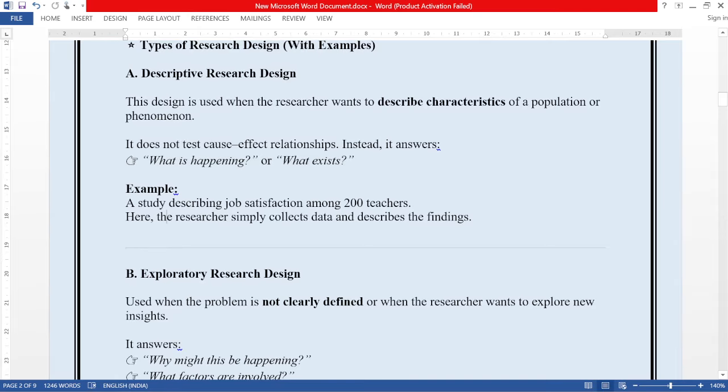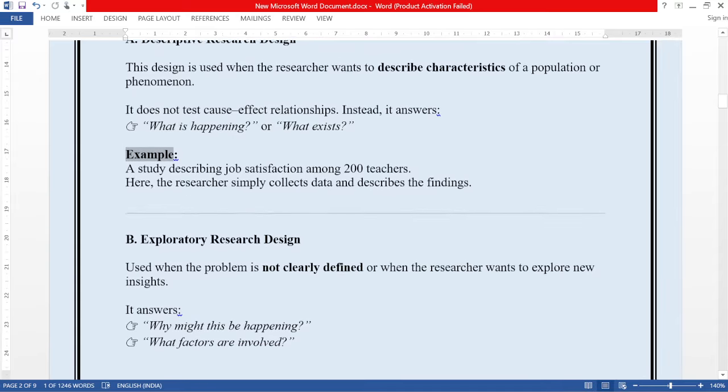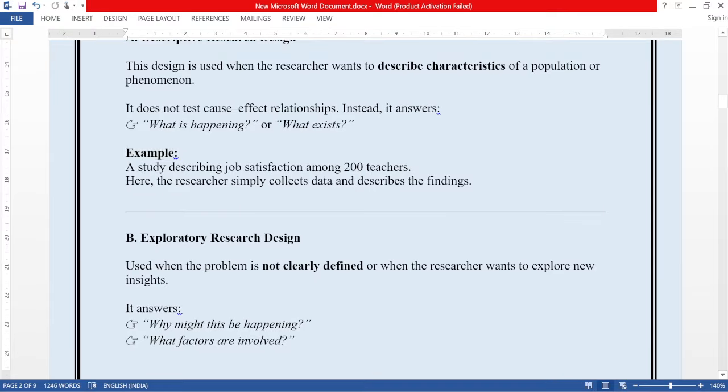So let's understand this particular thing with an example. A study describing job satisfaction among 200 teachers. Here, the researchers simply collect the data and describe the findings. So 200 teachers are the population in this study, and job satisfaction is the characteristic.